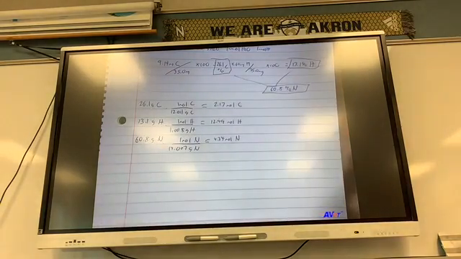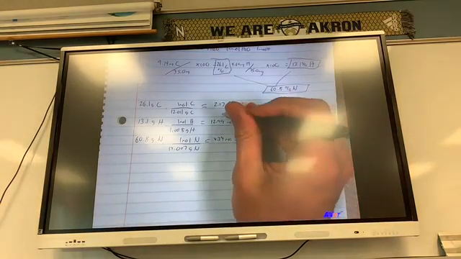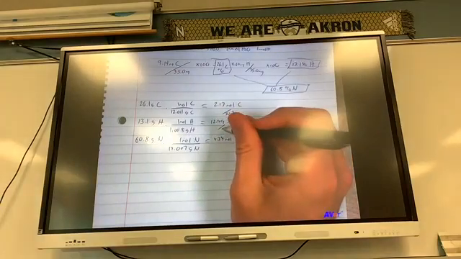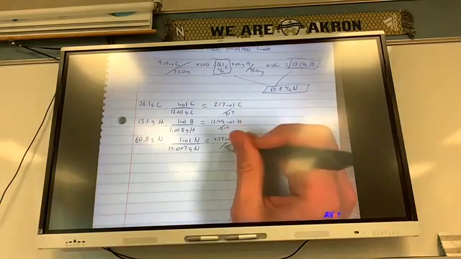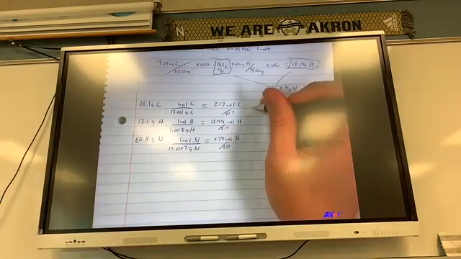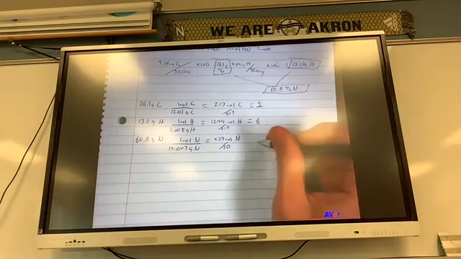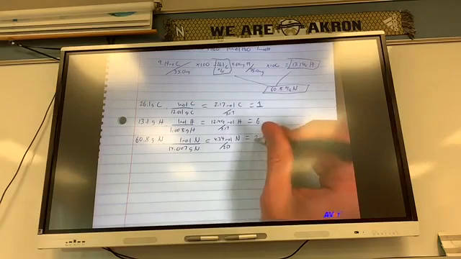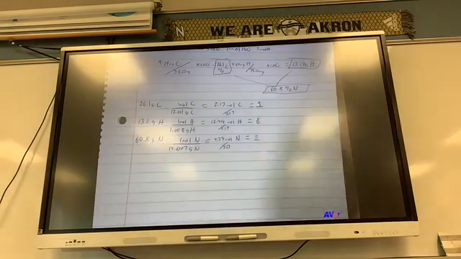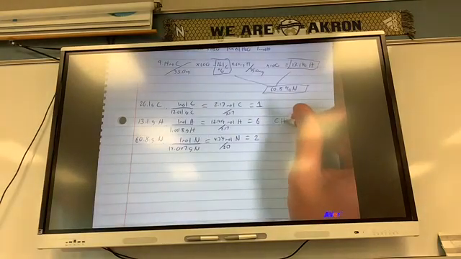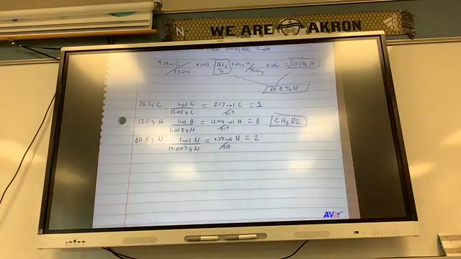Divide by the smallest. So divide by 2.17, divide by 2.17, divide by 2.17. This gives you 1, this gives you 6, and this gives you 2. So the empirical formula is CH6N2.